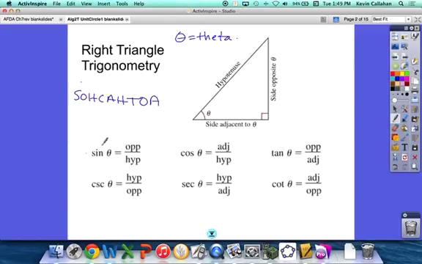Since the sine is opposite over hypotenuse, the cosecant is hypotenuse over opposite. You flip it. The reciprocal of cosine is the secant, so since cosine is adjacent over hypotenuse, the secant is hypotenuse over adjacent. And the tangent of theta is opposite over adjacent. Cotangent, COT, is adjacent over opposite.